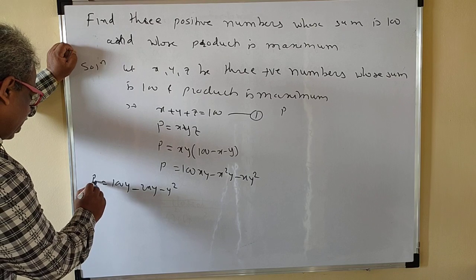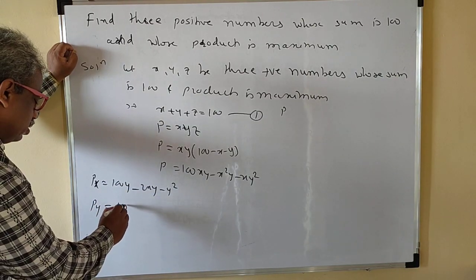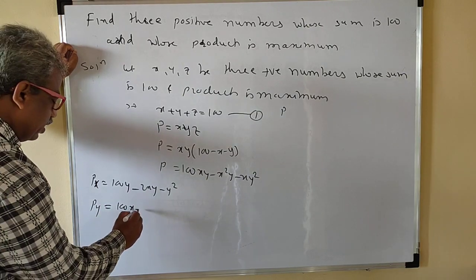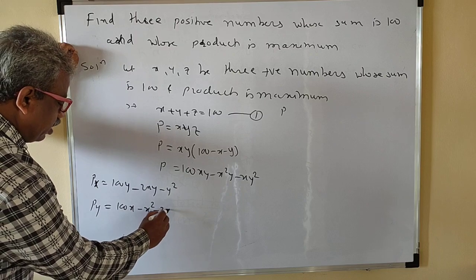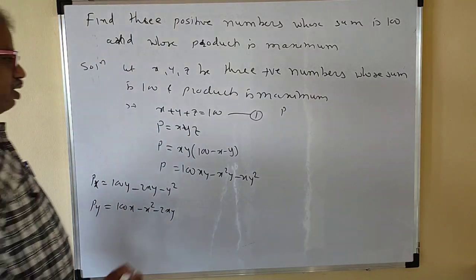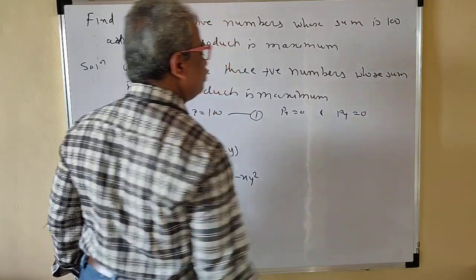So now Py is what? 100x minus x square minus twice xy. So what I do, I will put Px is equal to 0 and Py is equal to 0, okay.